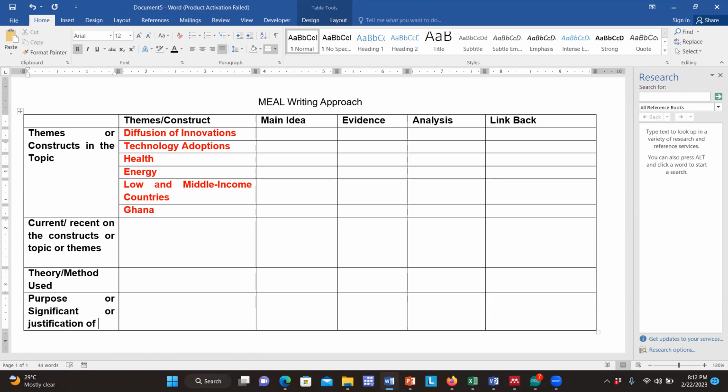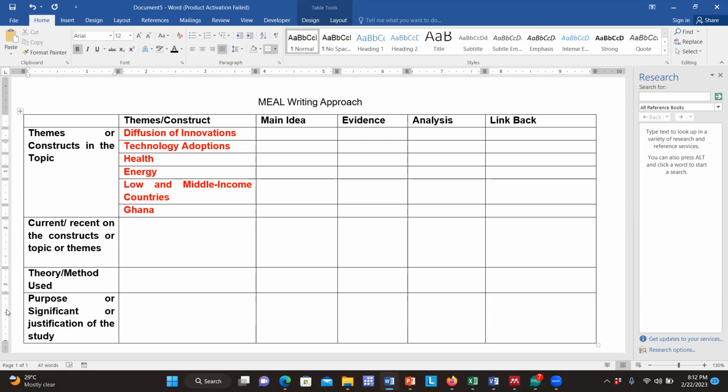Justification of the study. So take note that all this part will also be using the meal.